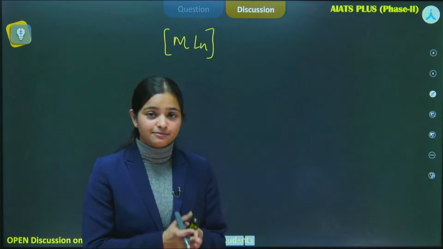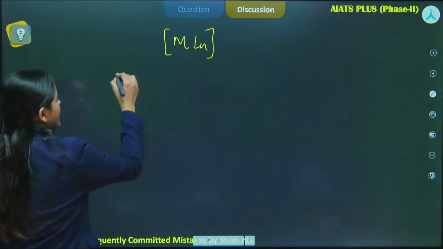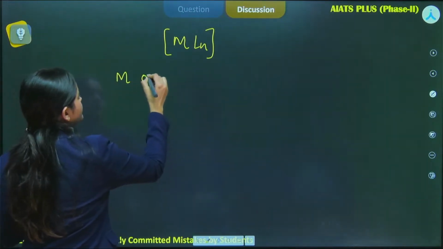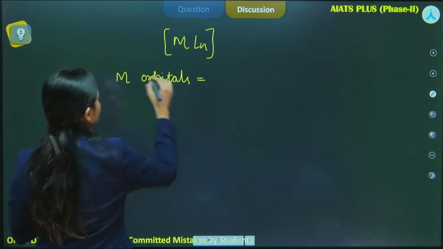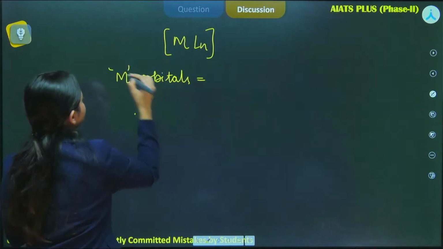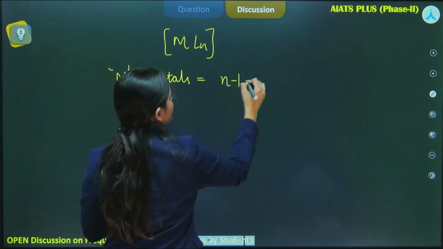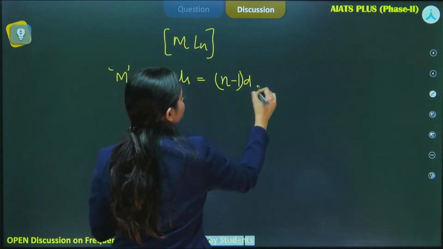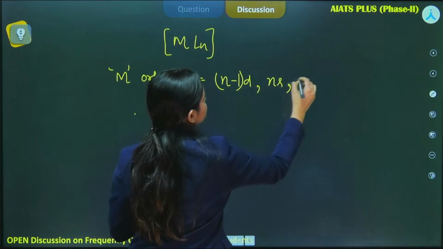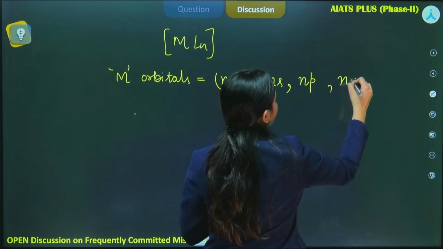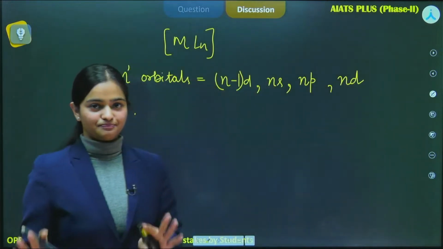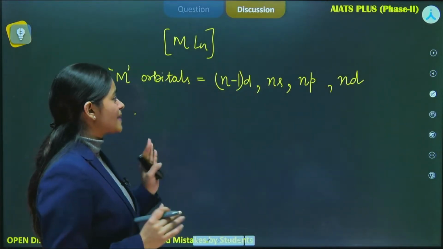The metal can use its orbitals as n-1 d orbitals, ns orbitals, np orbitals, or it can also use its nd orbitals, right? Okay, so this part is clear.